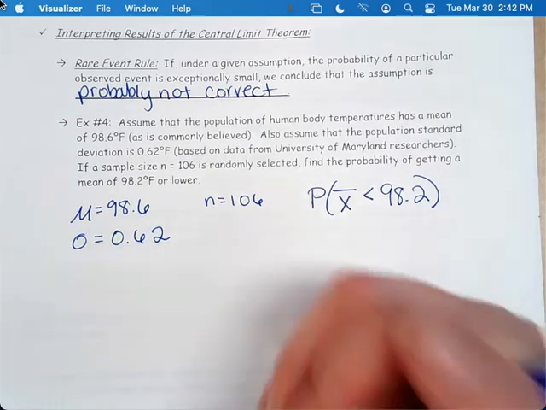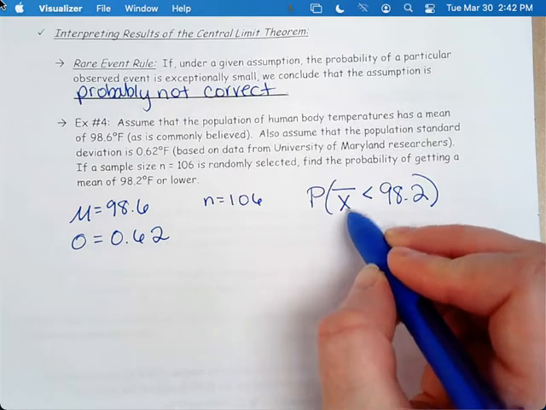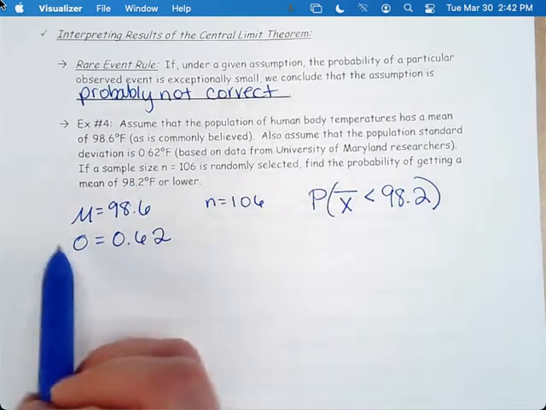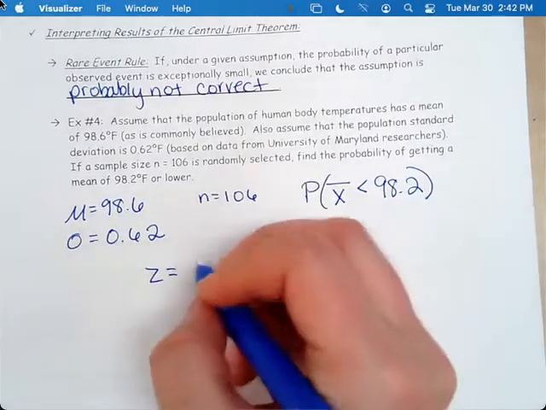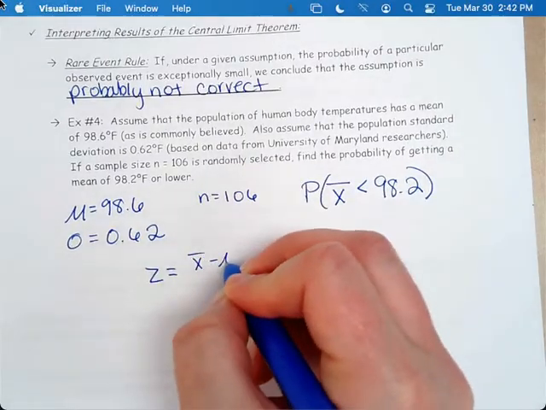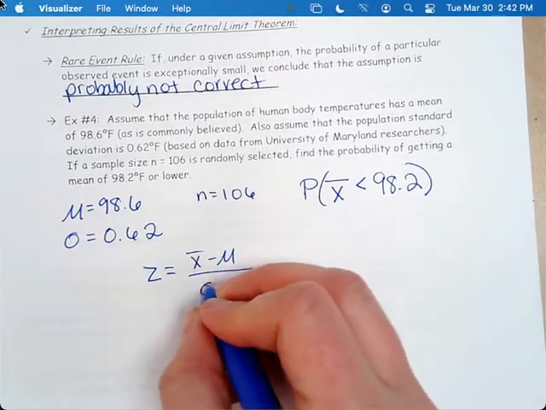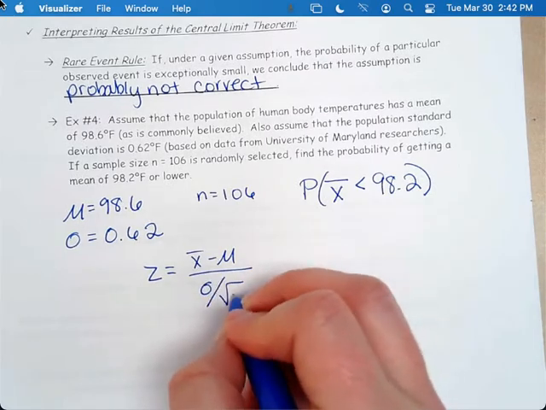So since we're starting with a sample mean with a sample size of 106, we are going to find our z-score with sigma divided by square root of n.